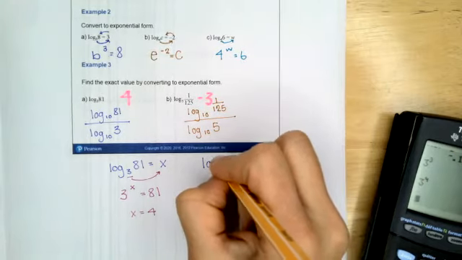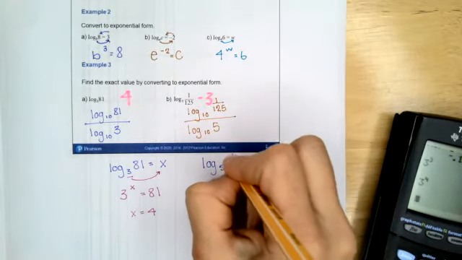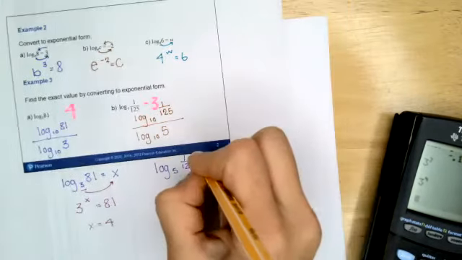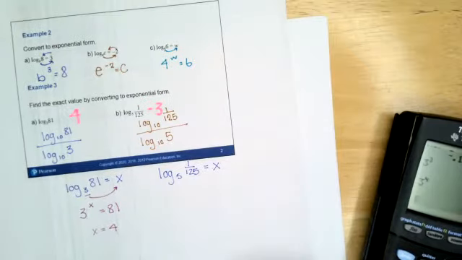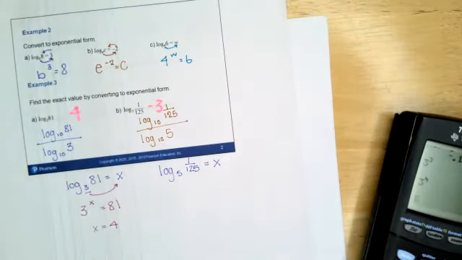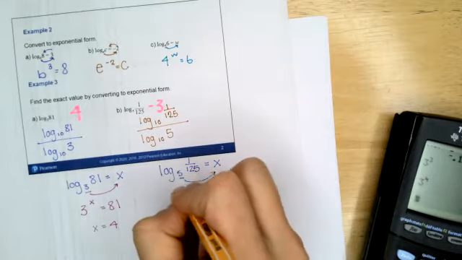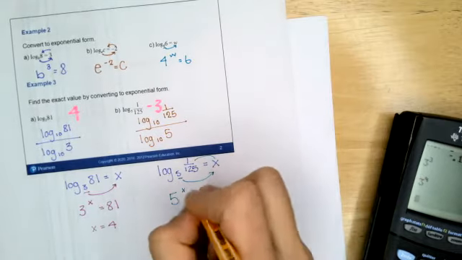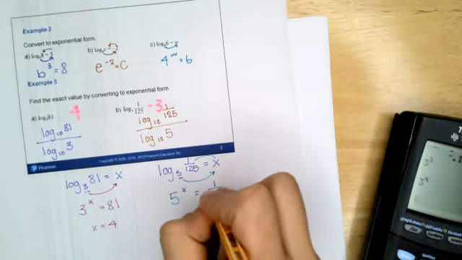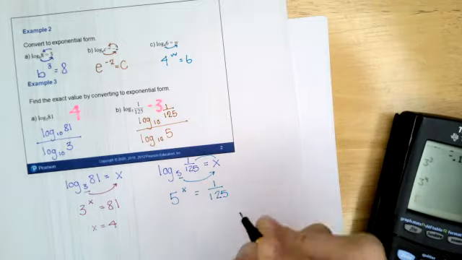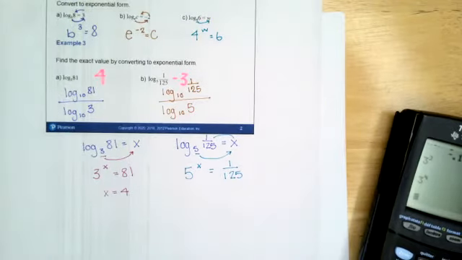Here we got log base 5 of 1 over 125 is, again, I don't know, so I'm going to say x. Start with my base, 5, go in a circle to the power of x is equal to 1 over 125. Good.